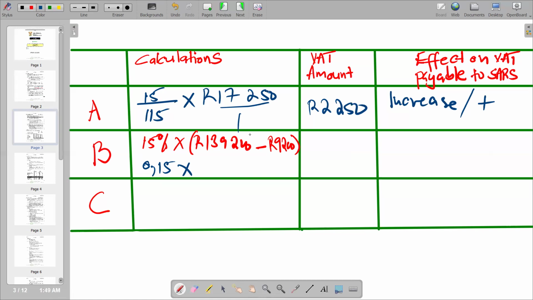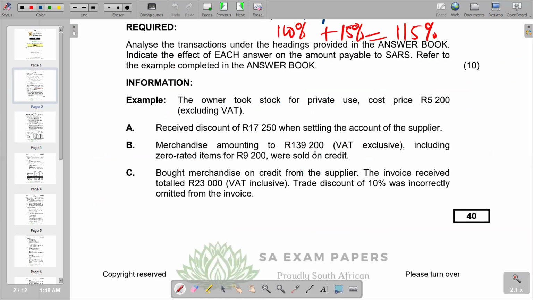So if you subtract, you see that you are going to get 130,000. So we calculate it like that. So we multiply by 0.15. You're going to get your amount is 19,500. Then we refer back to the transaction whereby it's saying merchandise amounting to 139,200, including zero-rated items, were sold.